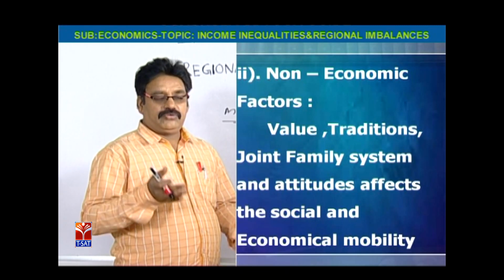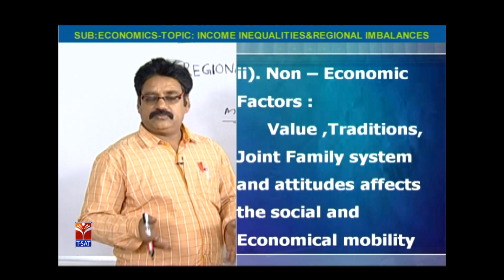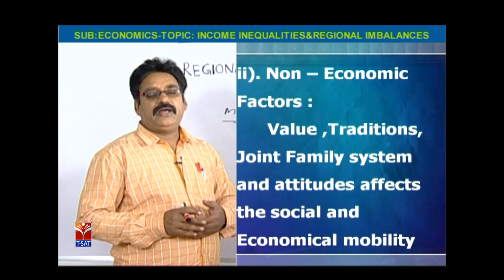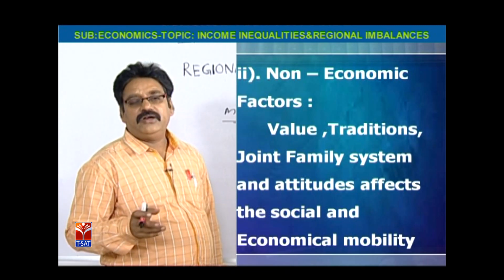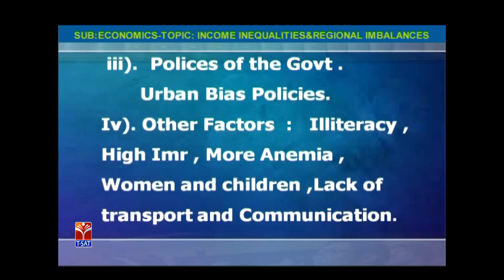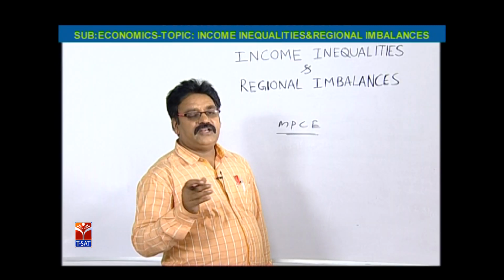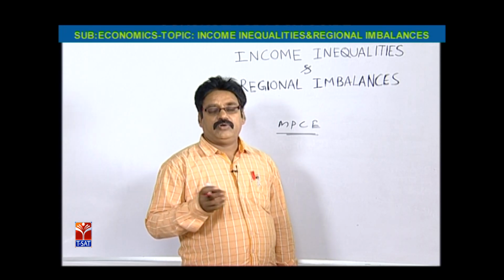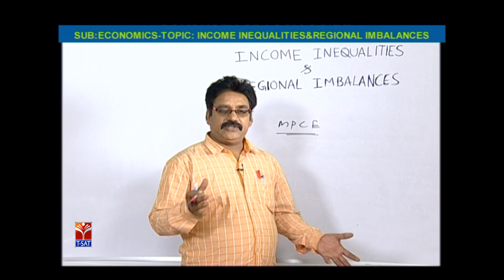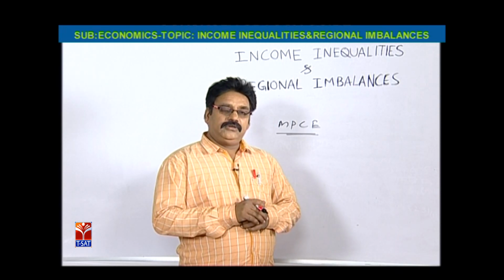That leads to rural people staying underdeveloped and urban people developing, and this is another reason for rural urban imbalance. Policies of the government, urban bias policies. Government policies also lead to urban bias. Government is spending a lot on developing urban physical infrastructure: roads, communications, hospitals, education systems, and all these facilities increase in the urban areas.